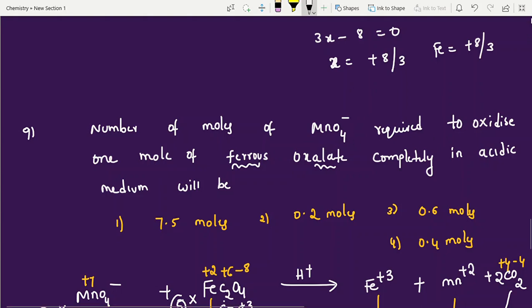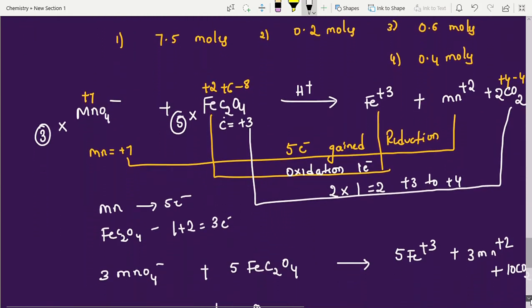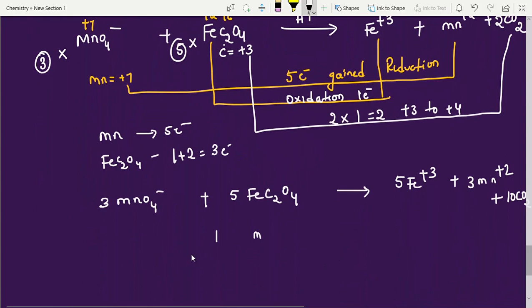MnO4 minus they are asking, for 1 mole of iron oxalate. How to do this question? Stoichiometric relation. Anyone got it?